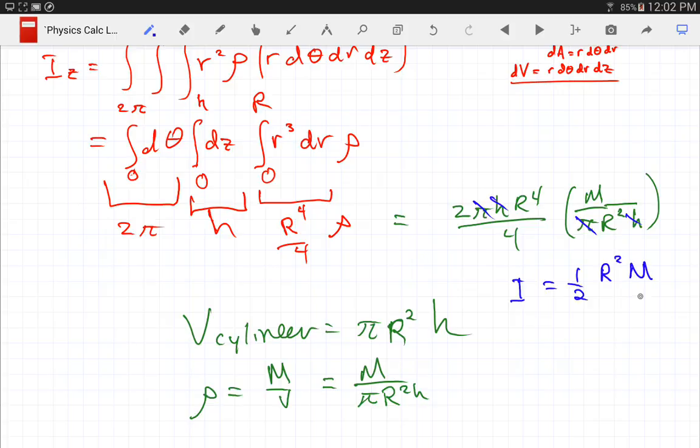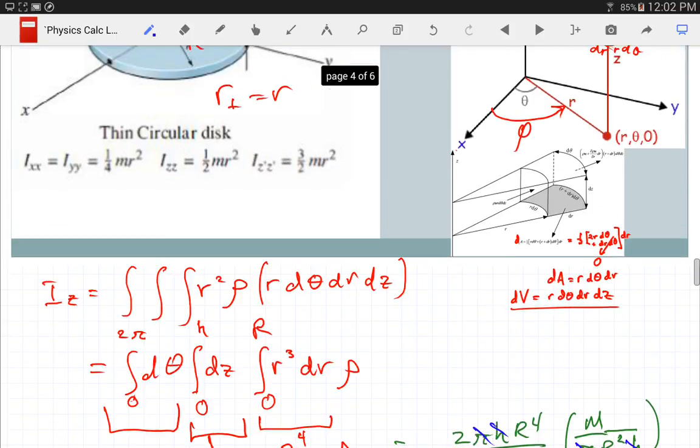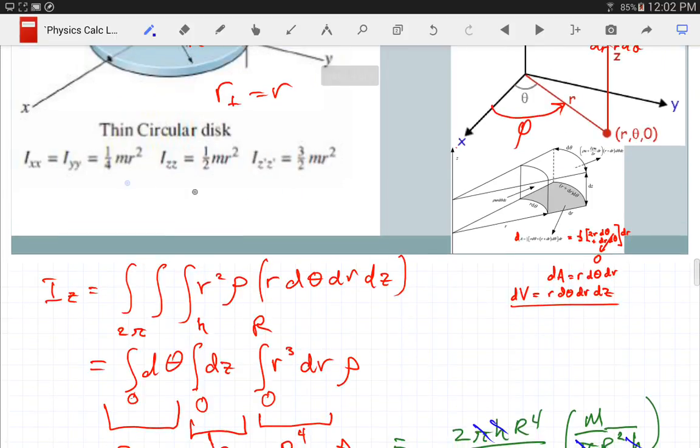R squared m. Now here I calculated it very explicitly, not even taking into account the uniformity except for in the fact that my density was constant. And we got the same answer.